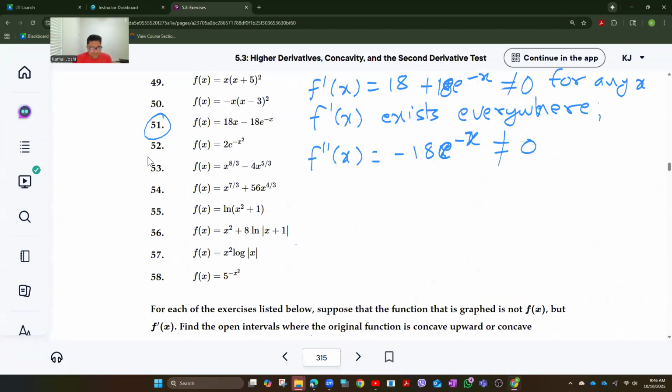Then let's go to number 53. That might have something to do with the derivatives. Let's find out.